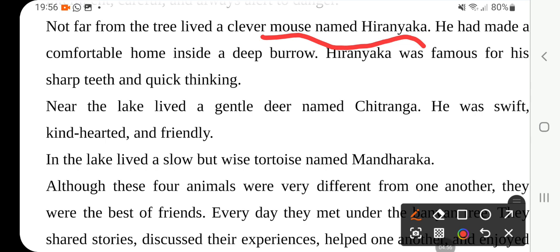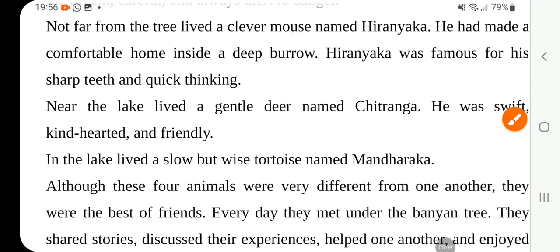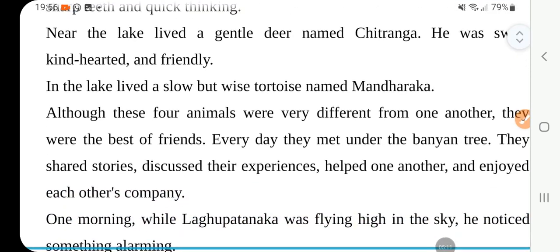He had made a comfortable home inside a deep burrow. Hiranyaka was famous for his sharp teeth and quick thinking. So he is another character we have discussed.